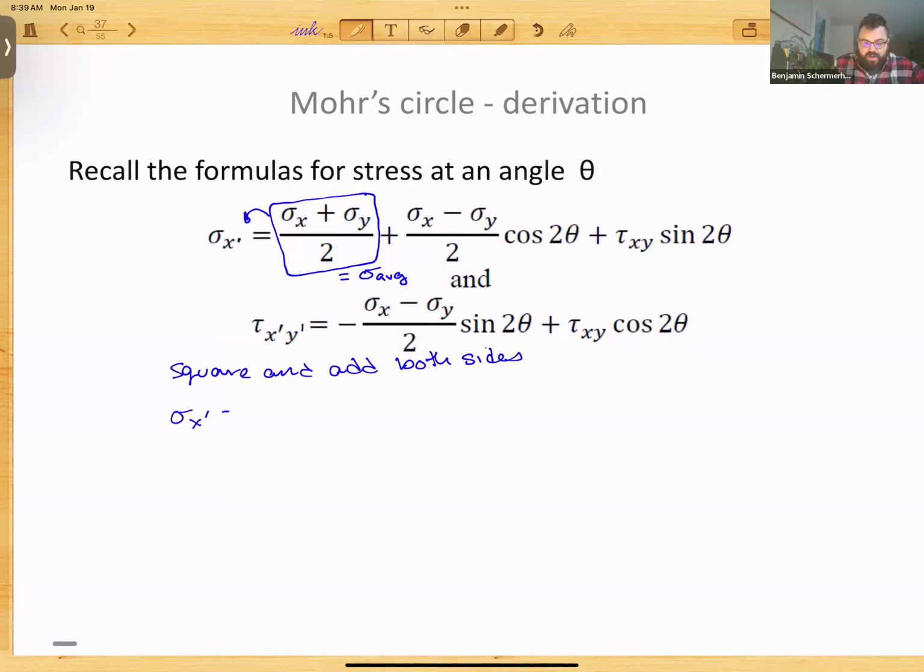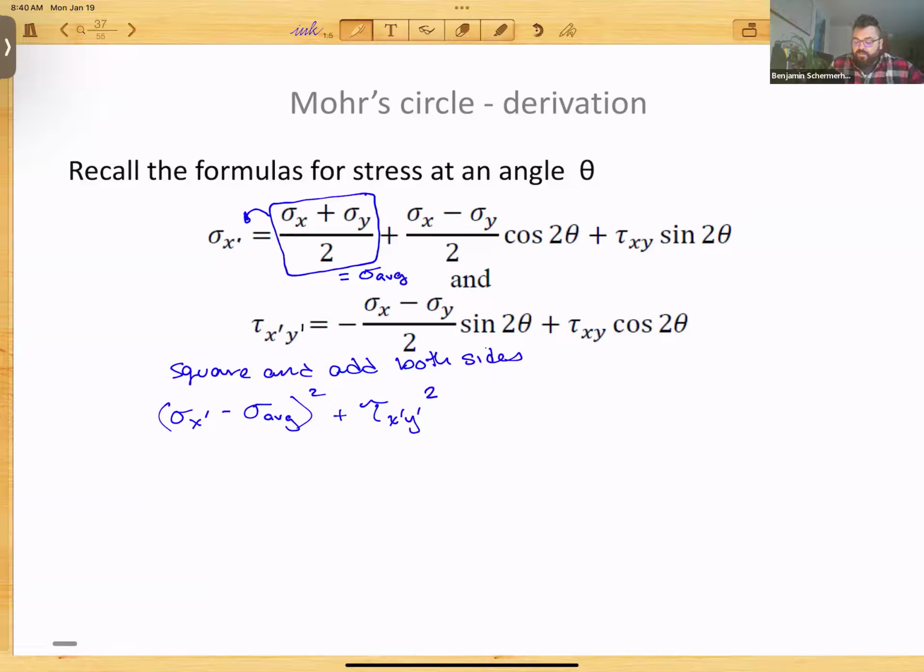So we have sigma x prime minus sigma average squared, and tau x prime y prime squared. We're going to add them together.